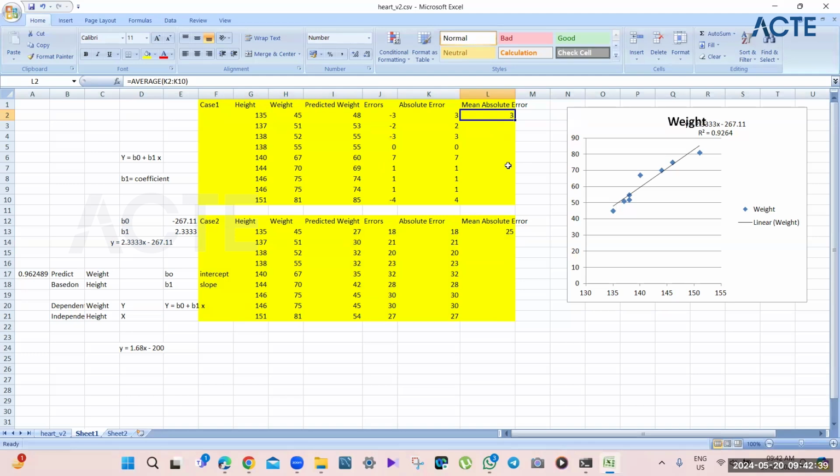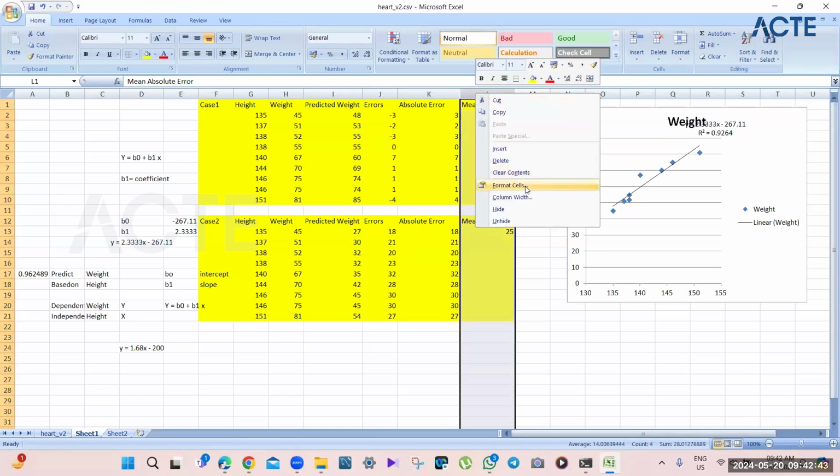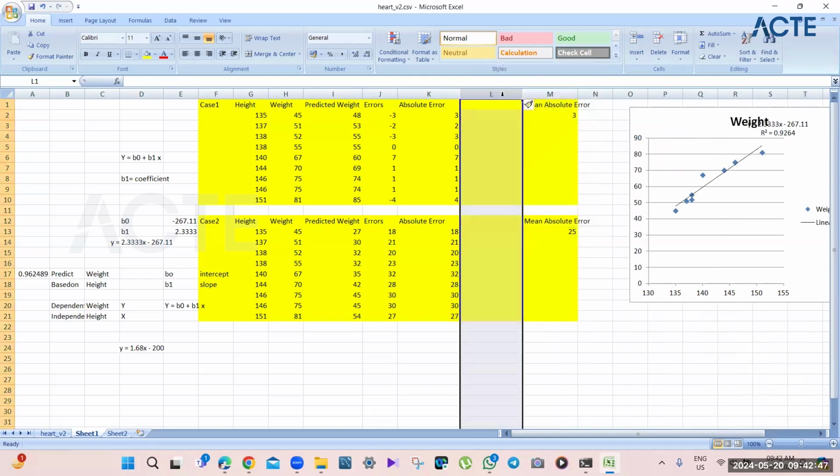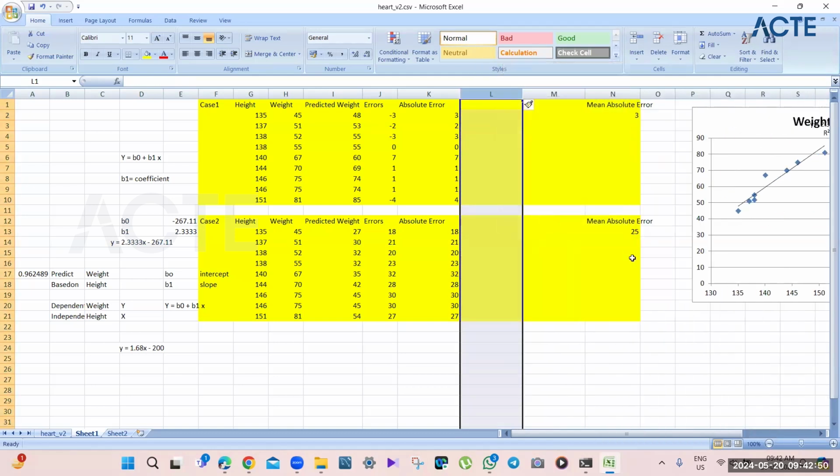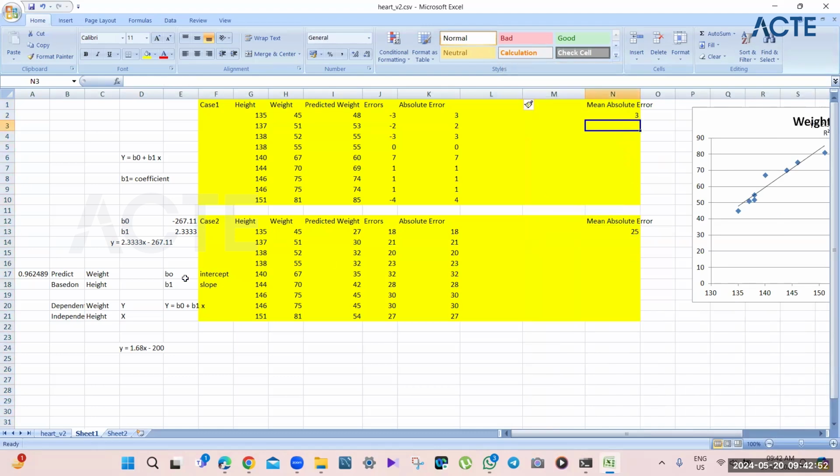There is also something else that you can select, which involves a square root. Why? Because these numbers could be very high based on the coefficients. So to bring them under a single umbrella, mean squared error.